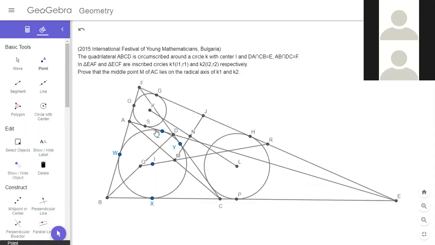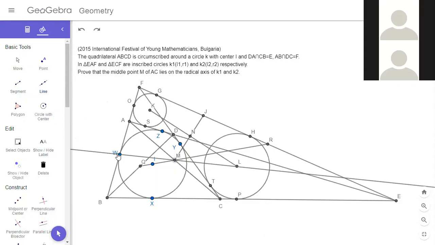Let me draw in a couple more points. Are O, S, and N collinear? No. Let's just try playing around with stuff. Are M, W, and L collinear?